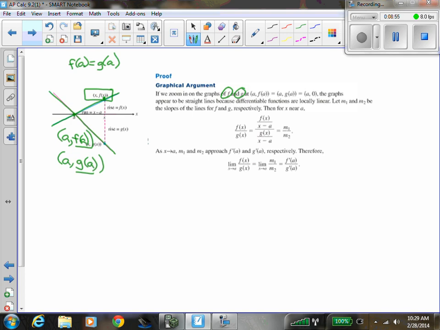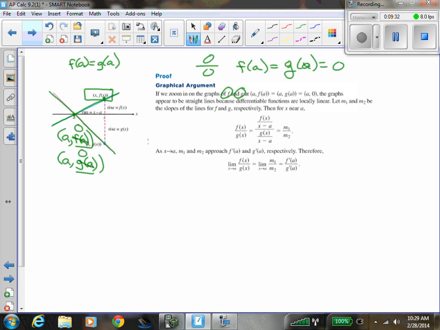And so what we could do is we could just say, let's move the graph down and just call this value right here 0, all right? So in other words, it says if we zoom in on those graphs at a, f of a equals a, g of a, then, let's see, in the beginning, remember it told us that if f of a equals g of a equals 0, because that's how we got our 0 over 0 to start with, then these two numbers right here are 0.